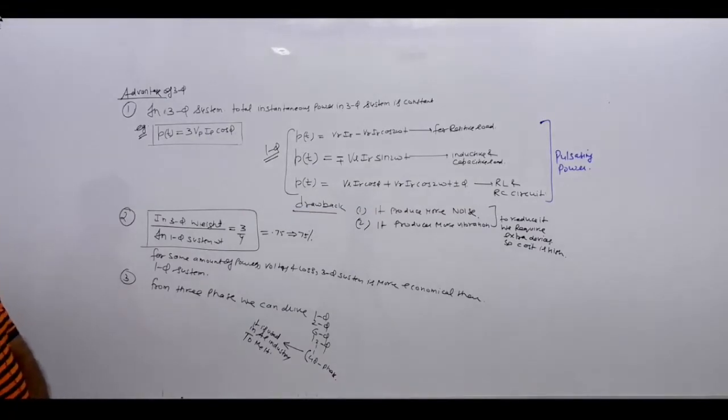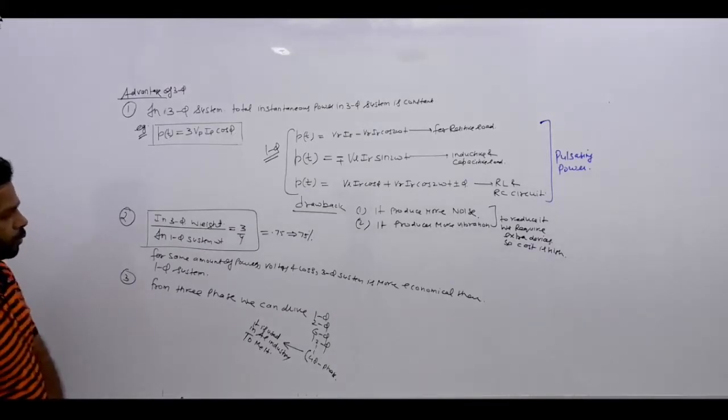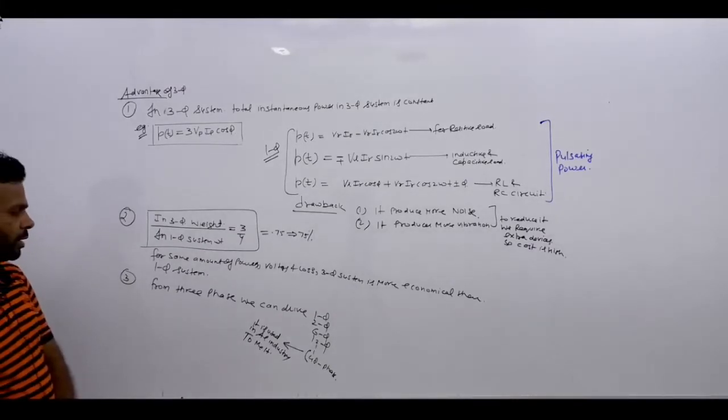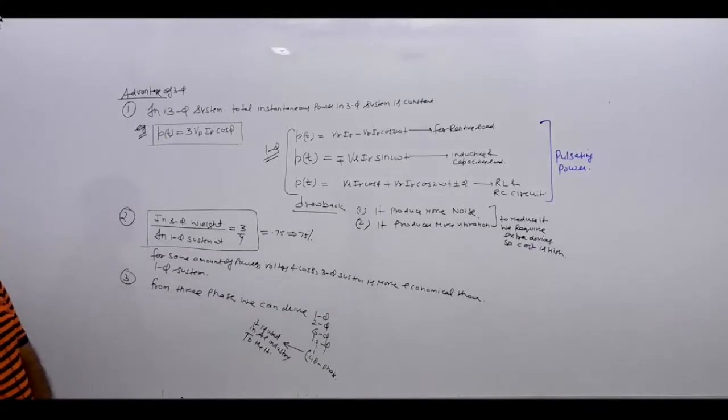Okay, so it is more economical because the cost is derived from the material. Then the third advantage is what? From the three-phase system we can drive single phase, two phase, six phase, and 12 phase up to 48 phase, and that are used by different industry.